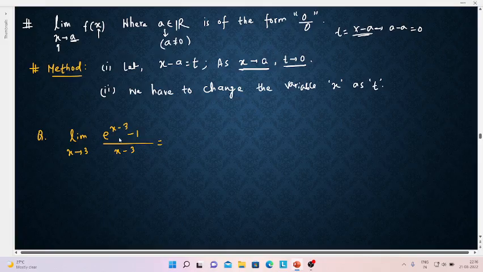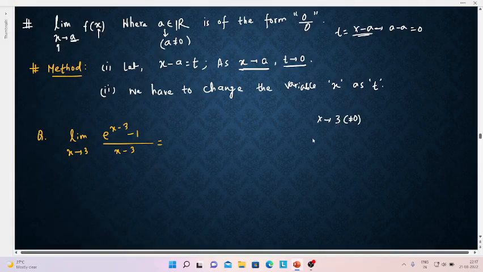So let's do the problem written on this slide, which is the limit as x tends to 3 of (e to the power x minus 3, minus 1) over x minus 3. How can we solve this question? Basically, here you can see that x tends to some non-zero value, which is actually 3, right?